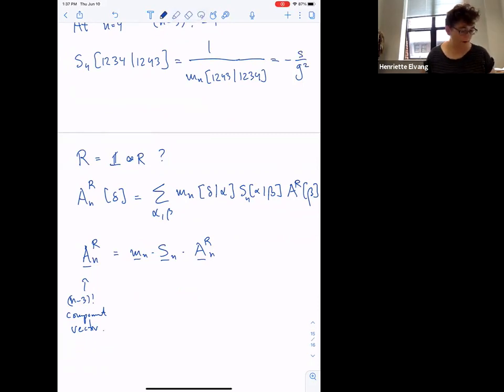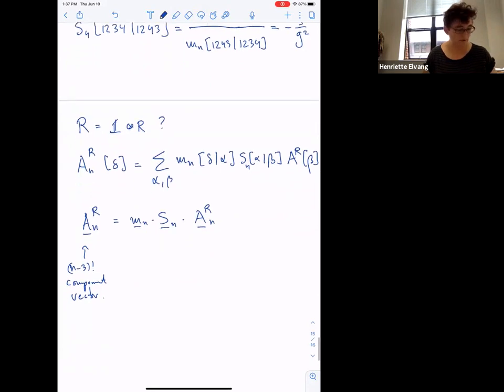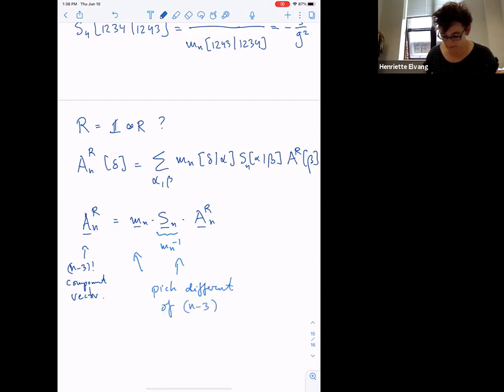Okay, all right. So if I then use that S was really the inverse of Mn, then it almost seems as if these identities are completely trivial. But the thing is that I have a choice of basis, and I can pick different choices of n-3 elements.